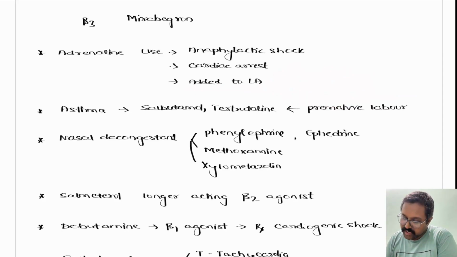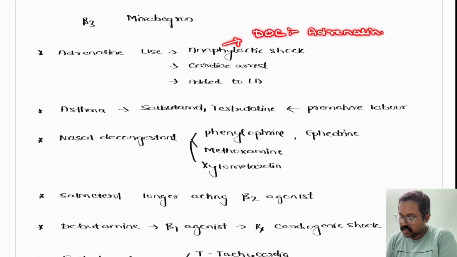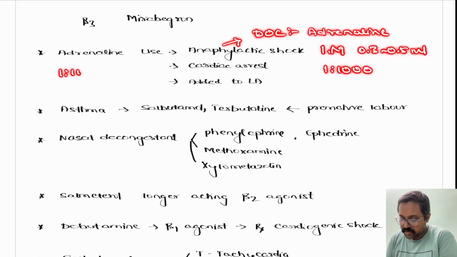To treat anaphylaxis or anaphylactic shock, adrenaline is the drug of choice. And what is the dose which is used? The route is intramuscular. You use 0.3 to 0.5 ml in a dilution of 1:1000. If you want to use 1:10,000, that means you are injecting through the intravenous route, endotracheal route or intraosseous route.